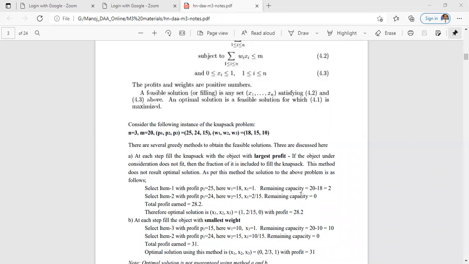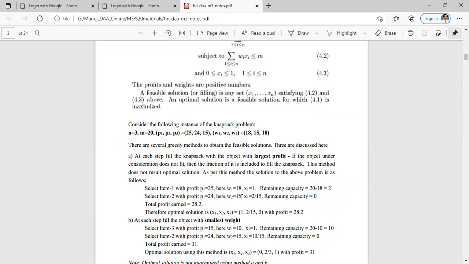Can you place the weight 15 in the remaining capacity? Once you place weight 18, 20 minus 18 is 2, so the size of M is only 2.